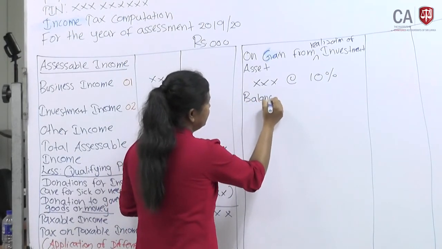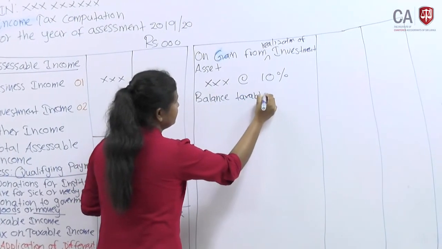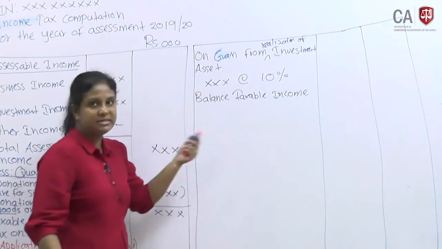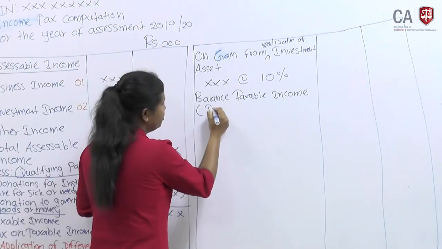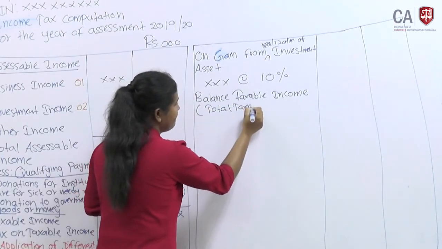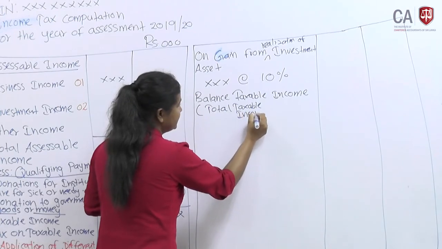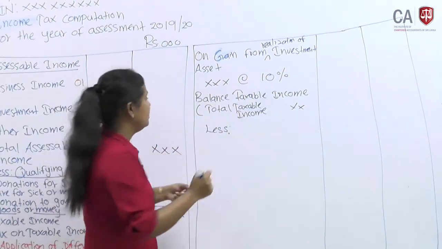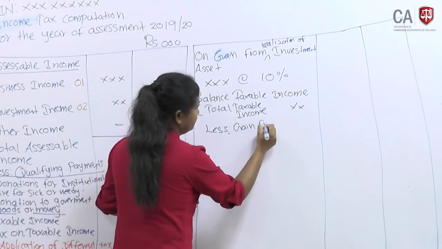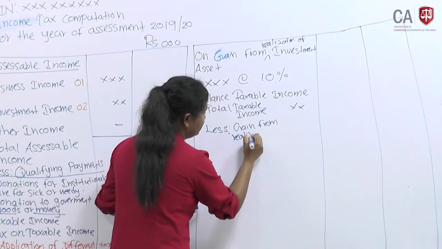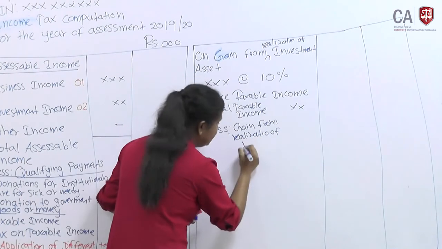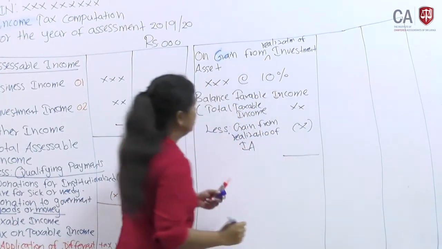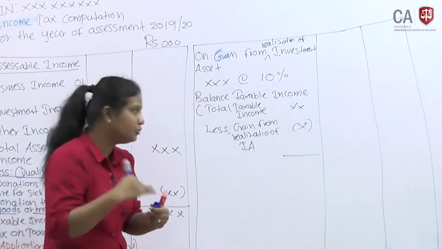Then balance taxable income. How do we compute the balance taxable income? The total taxable income less the gain from realization of investment asset taxed at a different rate. Then we have the balance taxable income, taxed at the normal rate.